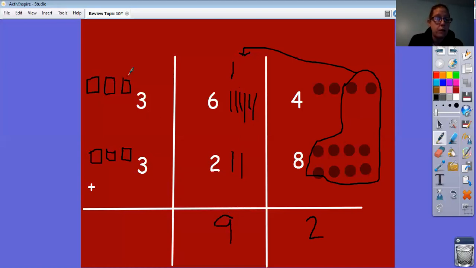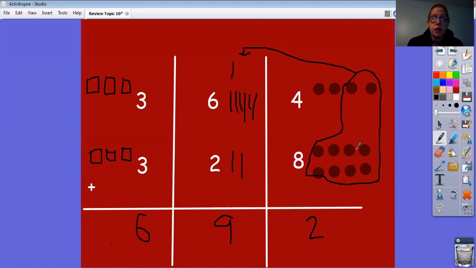And then I'm going to add my hundreds. 1, 2, 3, 4, 5, 6. So we just solved 364 plus 328, which gives us the sum of 692.